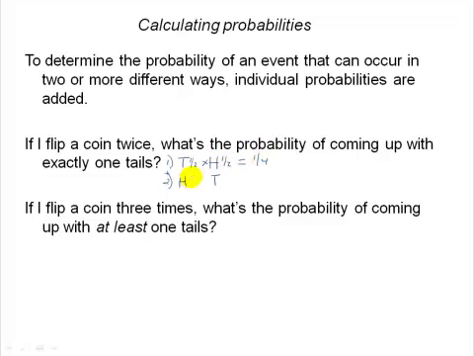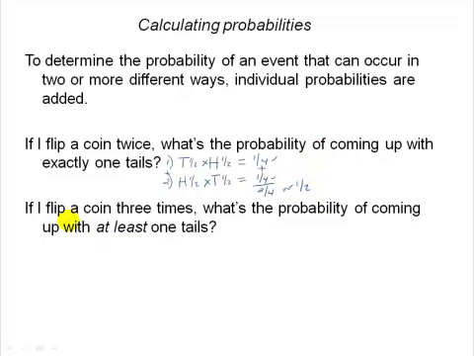The probability of flipping a heads and then a tails, likewise, is going to be 1/4. And so because either this or this could happen and satisfy what the question is asking for, I'm going to add those up. And so 2 out of 4, or 1/2 of the time, I would satisfy that outcome. Flipping a coin twice and coming up with exactly one tails.